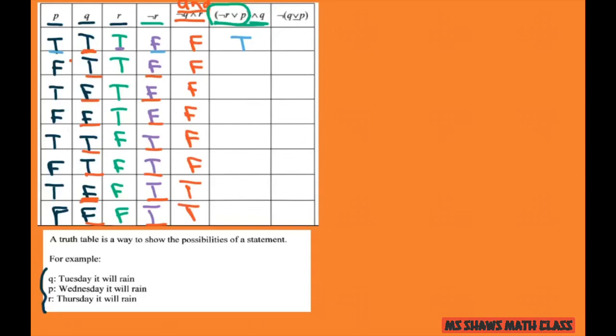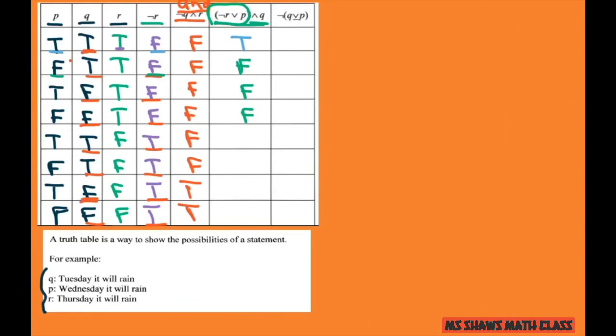Let's do the next one. If we have not R, that's false or false. False or false is false. Then you have false and true, that's going to be false. And if you go through here, you're going to get another false. There's three falses here.